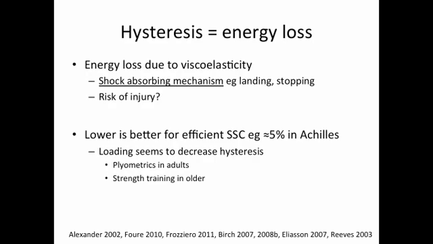So if we give people loading programs over a number of weeks, their hysteresis will go down. So for example, plyometrics in adults and strength training in older groups has been shown. But that's the tip of the iceberg. There are lots of examples of hysteresis decreasing, so less energy loss with loading.